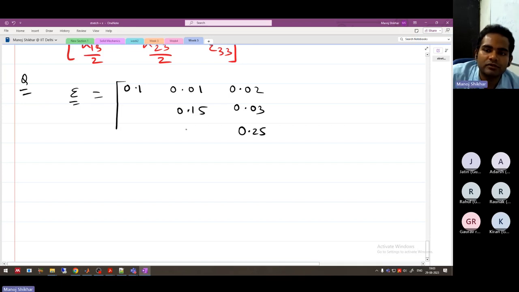Since this is symmetric, what should this be? It should be 0.03. What should this be? It should be 0.02, and this should be 0.01.